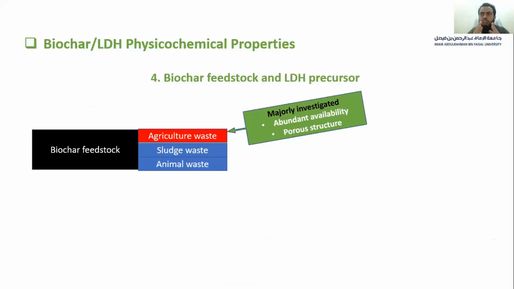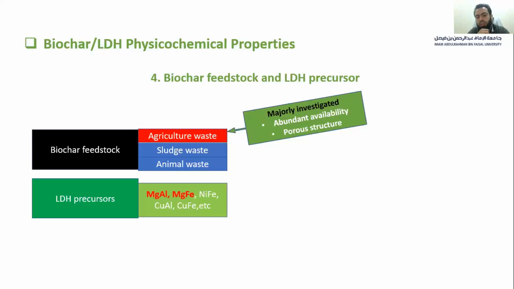This is because it is abundantly available, and the biochar obtained from agriculture waste is more porous compared to sludge waste and animal waste. For the removal of pollutants, they need a more porous structure. That's why most of the studies focus on agriculture waste.